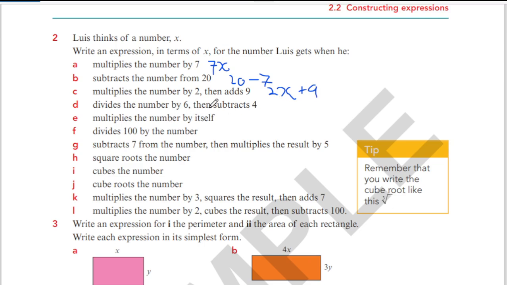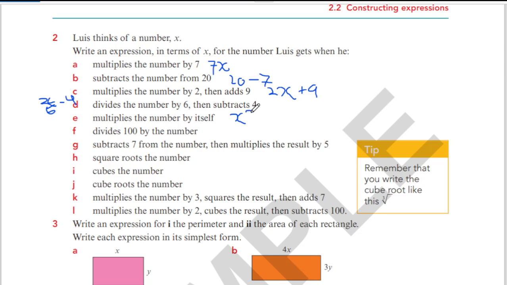Then divide the number by 6, then subtract 4. So divide the number by 6 means x divided by 6, and then minus 4.